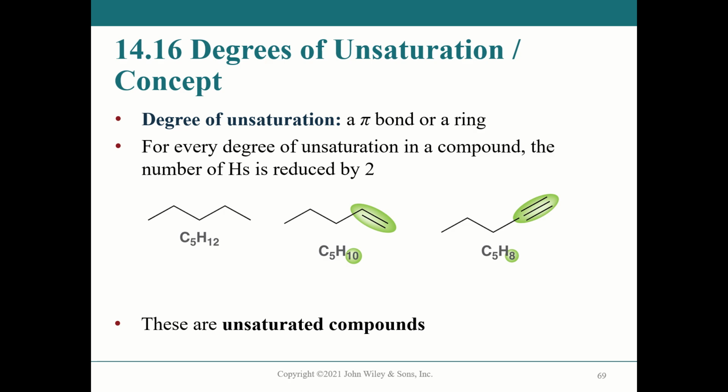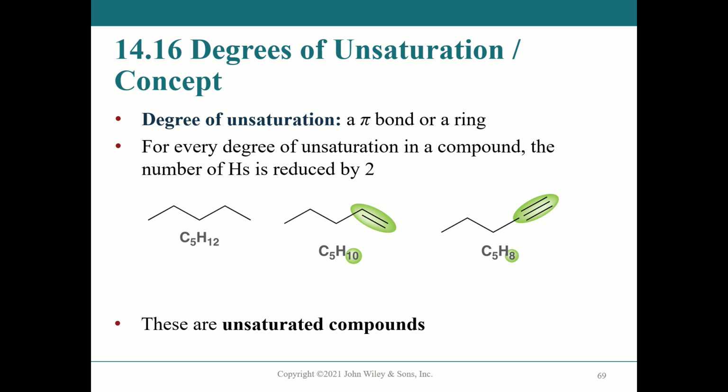So we take the 12 maximum hydrogen minus the 12 that are already in the molecule. That gets us to a value of 0. And then dividing that 0 by 2 gets us 0 degrees of unsaturation. That means that there are 0 pi bonds and 0 rings in your structure.